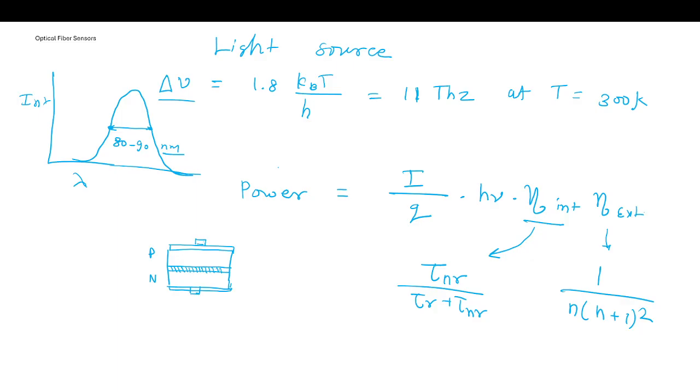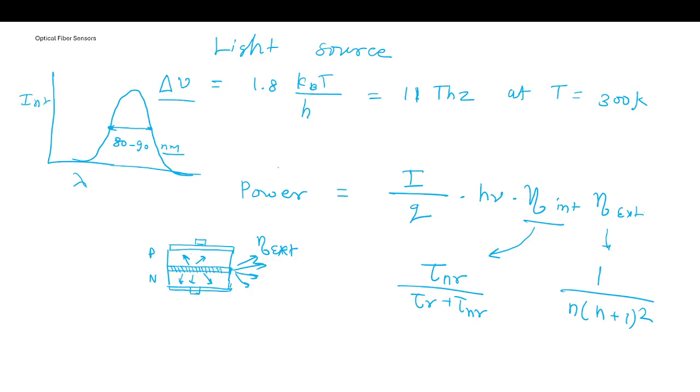Then the light is leaking out from here, which is very little, and it depends on the eta external. Otherwise, the light will also propagate and scatter in this region, which will not effectively come out. But from this side, it can come out directly.